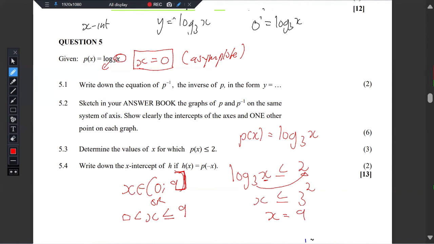As much as it can be less than 9, it should never be less than 0. It should never go to the negatives, because your logarithmic graph does not want you to substitute either a 0 or a negative value. Whenever you do that, maths error.